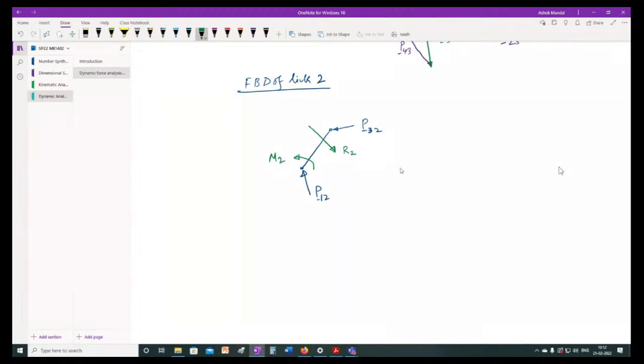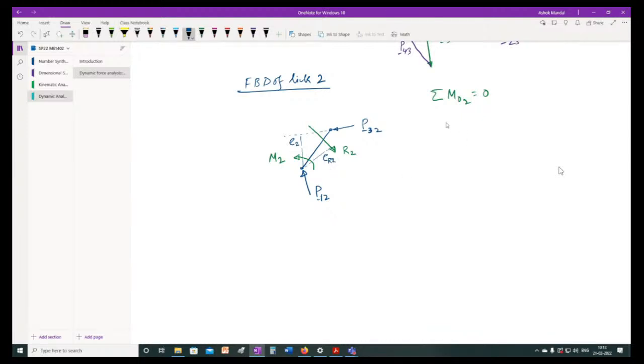Now it's very simple. We will write down this equation to know this distance. Suppose this distance is E2, and we need to know this distance, suppose ER2.